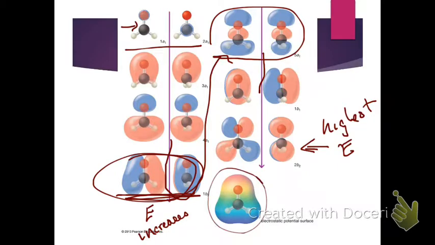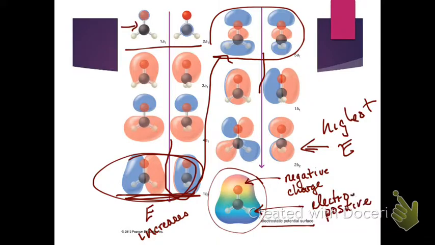And then this illustration here at the bottom, which has the different pretty colors, is actually something known as the electrostatic potential surface, and basically this shows how charge is mapped out over the electron density of the molecule, where the red corresponds to excess negative charge, and the blue corresponds to excess positive charge.